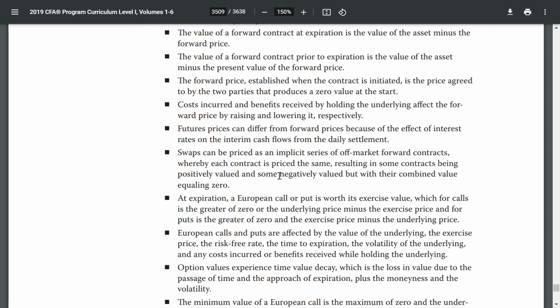Costs incurred and benefits received by holding the underlying affect the forward price by raising and lowering it, respectively. Futures prices can differ from forward prices because of the effect of interest rates on the interim cash flow from the daily settlement.